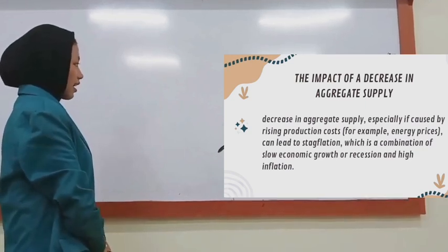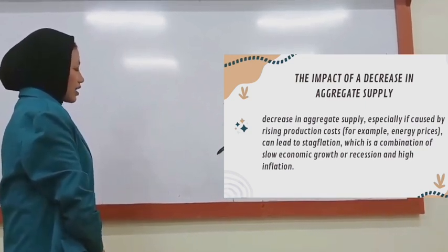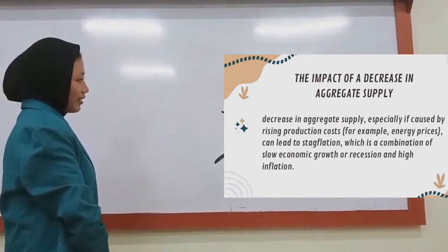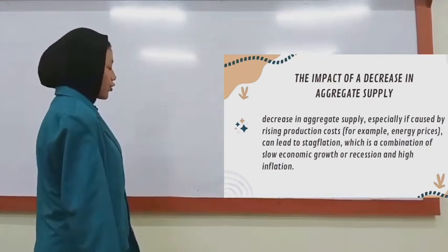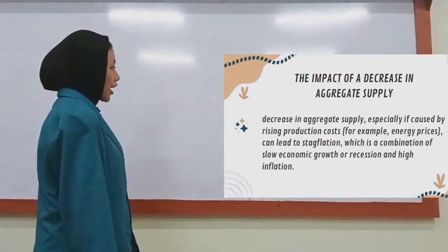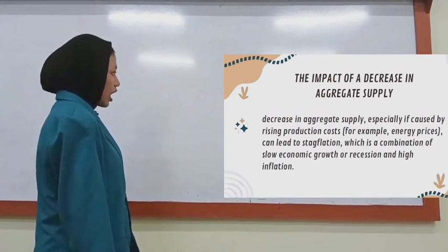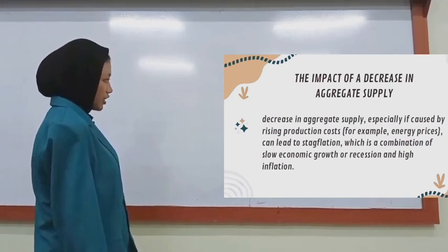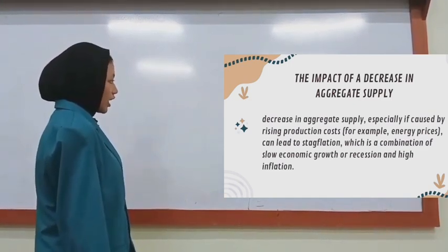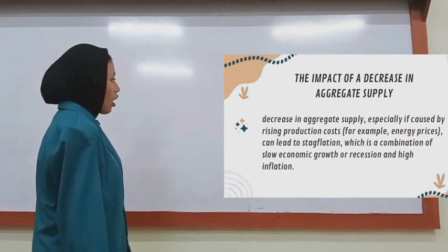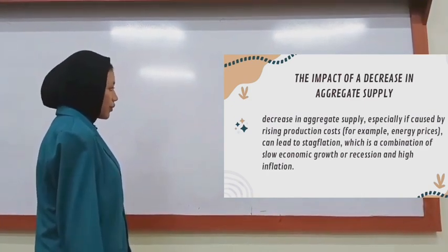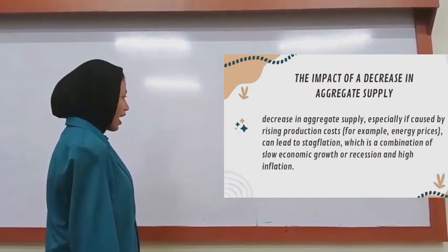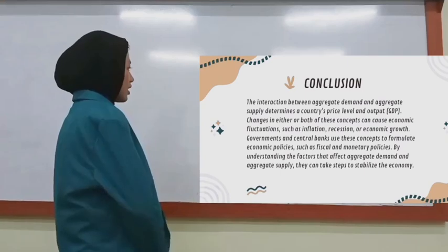A decrease in aggregate supply, especially if caused by rising production costs, for example energy prices, can lead to stagflation, which is a combination of slow economic growth or recession and high inflation.